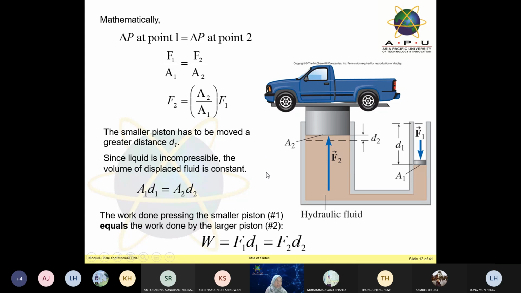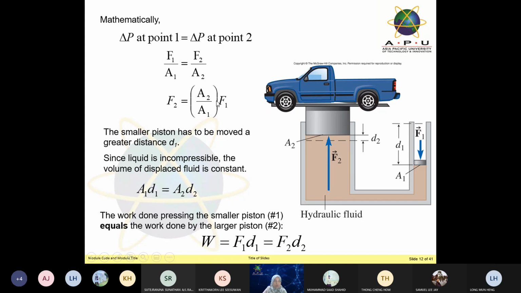Since liquid is incompressible, the volume of displaced fluid is constant. Therefore, A1 D1 equal to A2 D2. So this is another fixed formula.